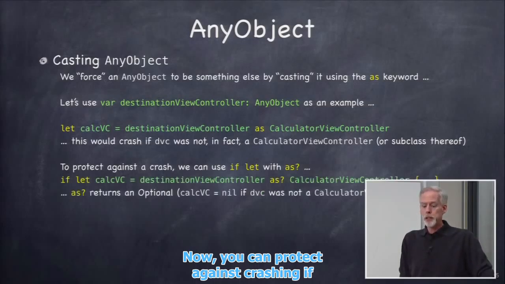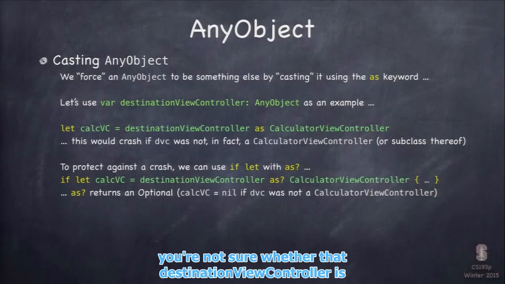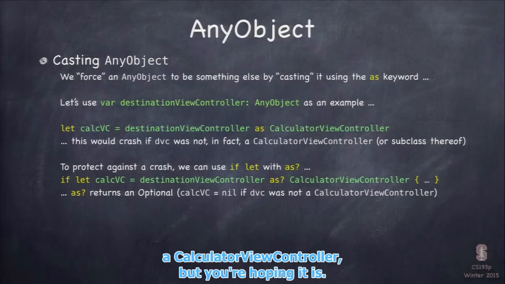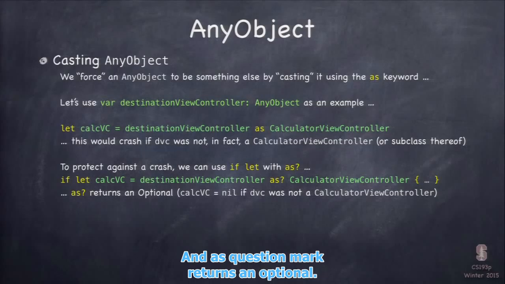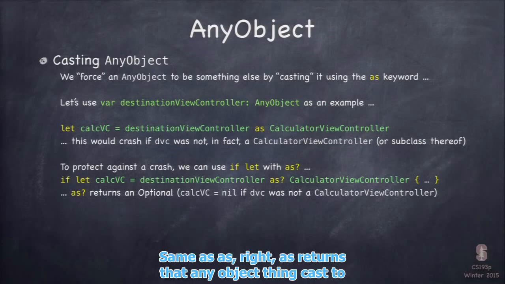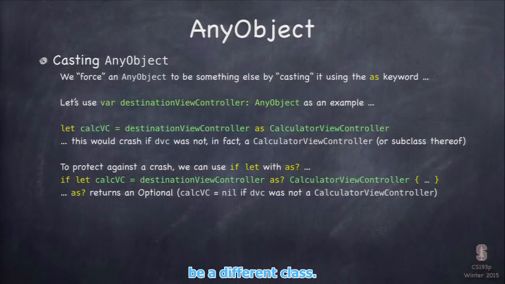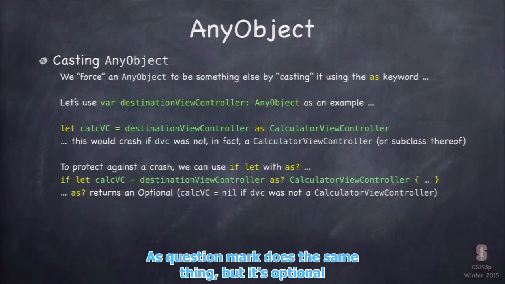Now, you can protect against crashing if you're not sure whether that destination view controller is a calculator view controller, but you're hoping it is. You can use as question mark. And as question mark returns an optional. Same as as, right? As returns that any object thing cast to be a different class. As question mark does the same thing, but it's an optional version of that.